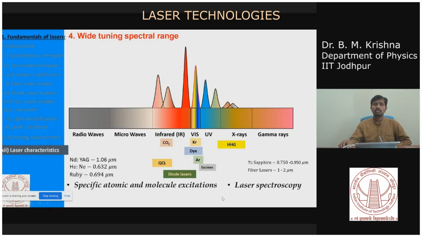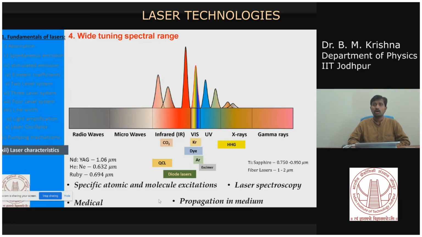You can do laser spectroscopy, and you can use these lasers for medical applications and to study different media, like laser propagation. For example, if you want to study air pollution, you can use selective lasers, or also in fluids you want to study. So with different media you can choose different wavelengths.